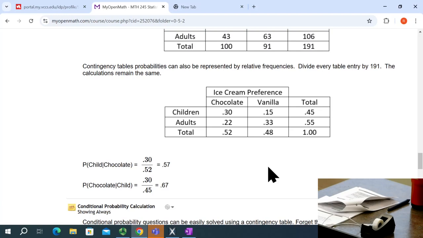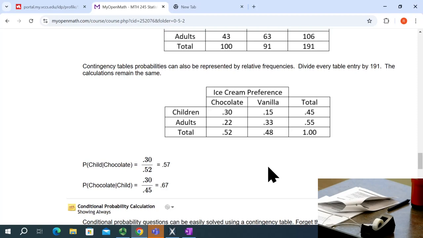And this is the deepest kind of dependence. Because if children and chocolate, adults and vanilla have nothing to do with each other, this table is just split in 4 ways, so that the probability of a child and chocolate would be a product.